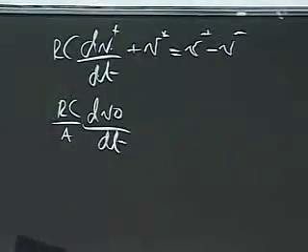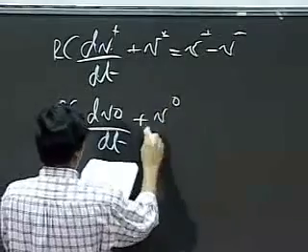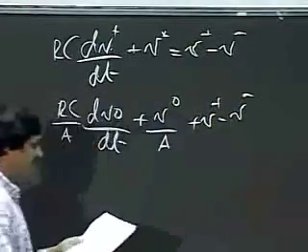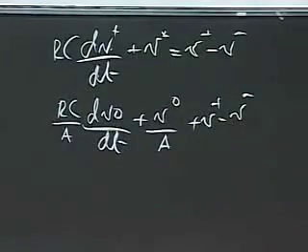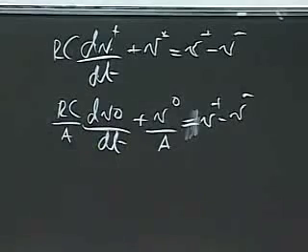Recall, I want the dynamics of V naught, so let me get an expression in V naught: V naught divided by A plus V plus minus V minus equals. So I need to express V plus and V minus in terms of V naught.